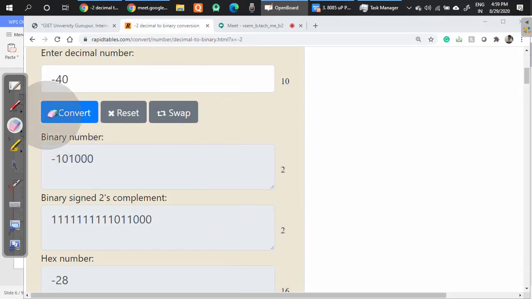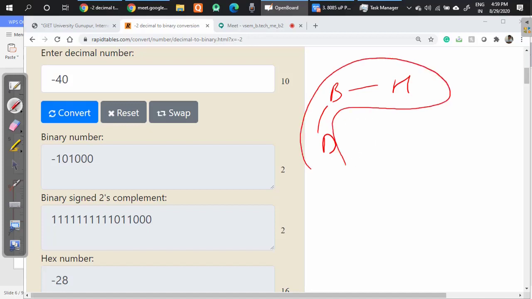And those who don't know about conversion from binary to hexadecimal, decimal to binary, and reverse, then it's a request you try from some website and learn it. This should be very clear to everyone. Decimal to binary, binary to hexadecimal, and reverse, hexadecimal to binary and binary to decimal. Everyone should know this.